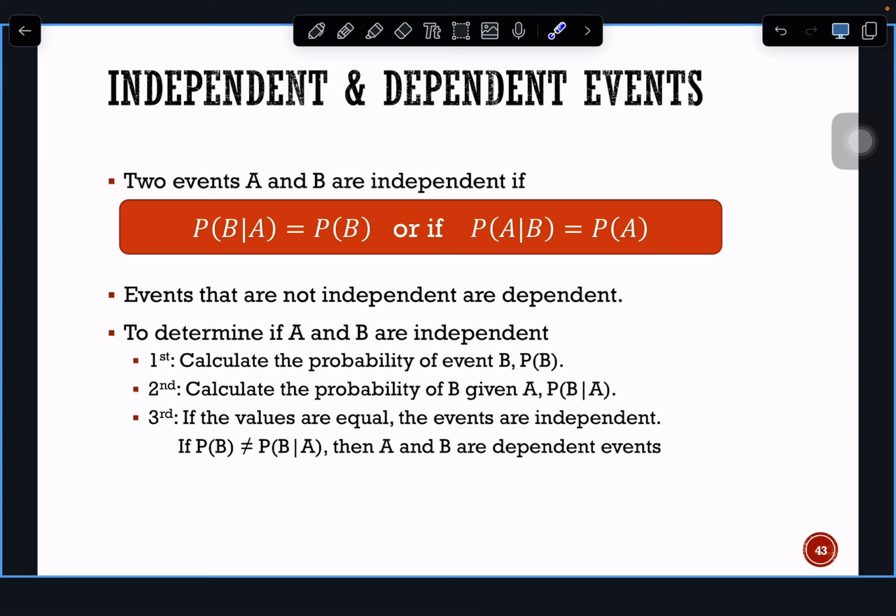We remove the condition. Because this one is B first, that's why B. This one, because A first, P(A). This one is only valid for independent. If not independent, we have to go back to the previous formula.